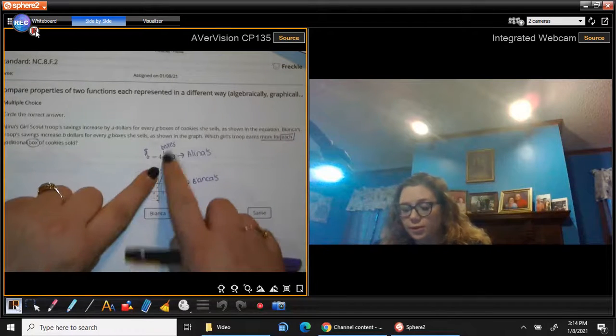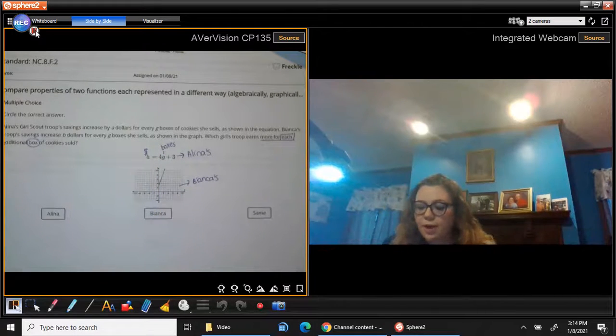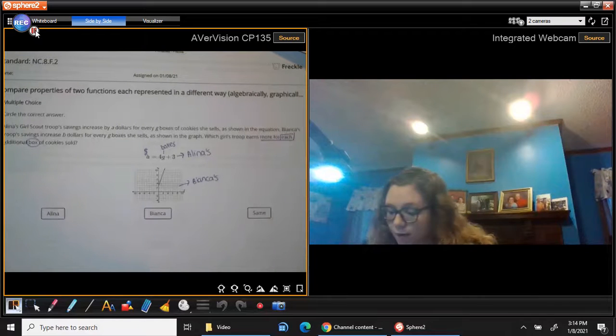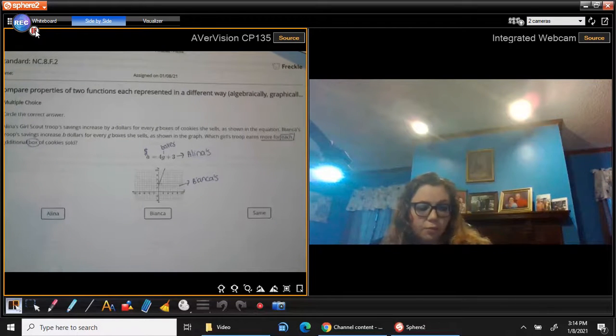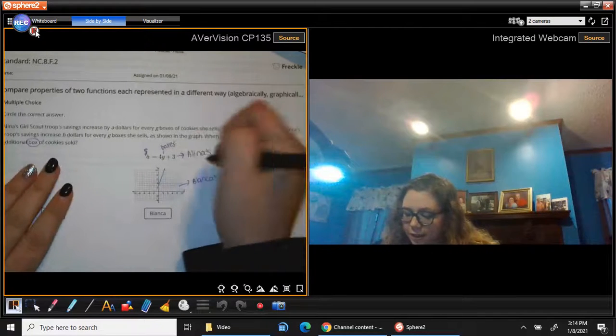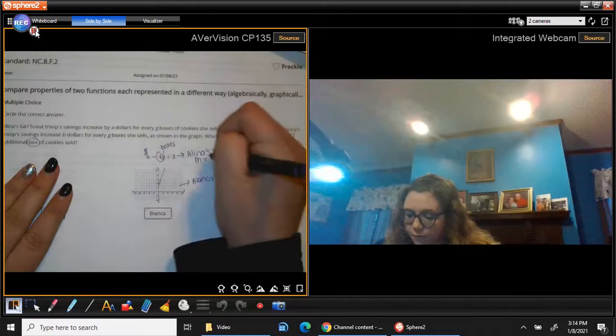Remember, G represents boxes. We need to find a slope for both, and then compare them and see which one earns the most money. For this one, it's easy. Alina's slope is 4.